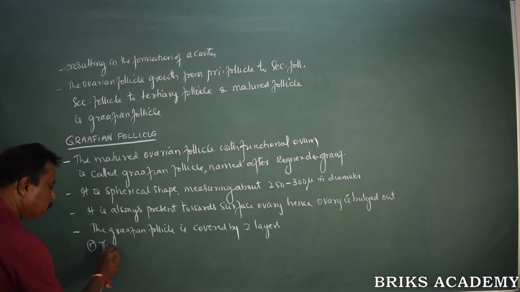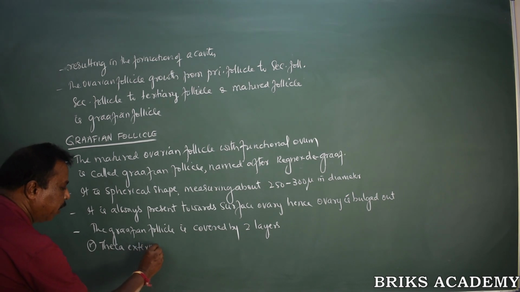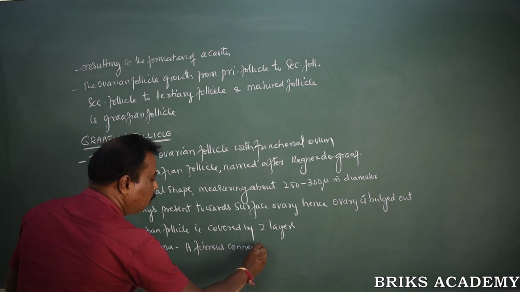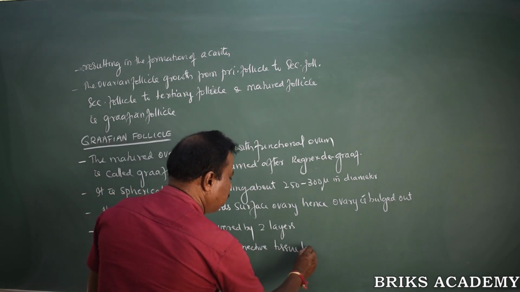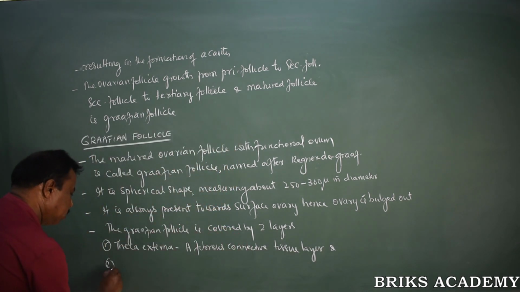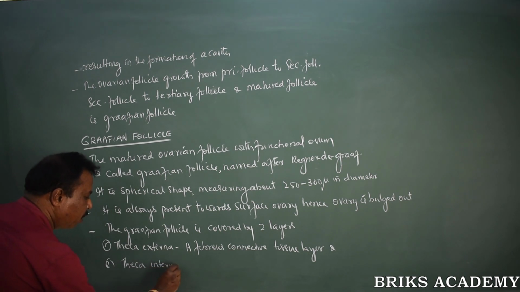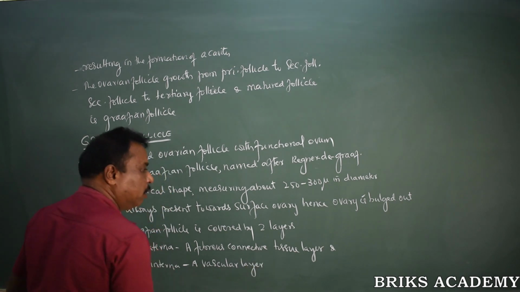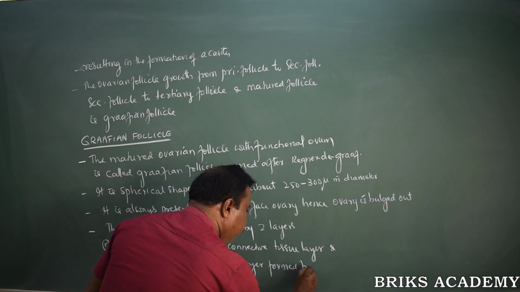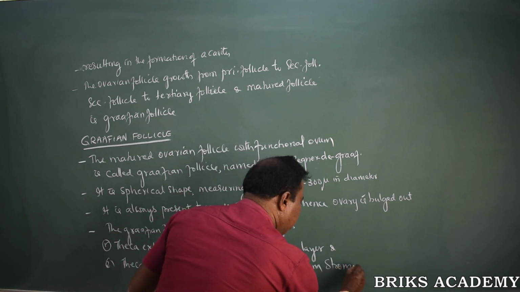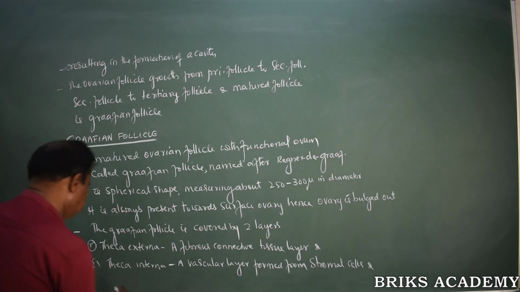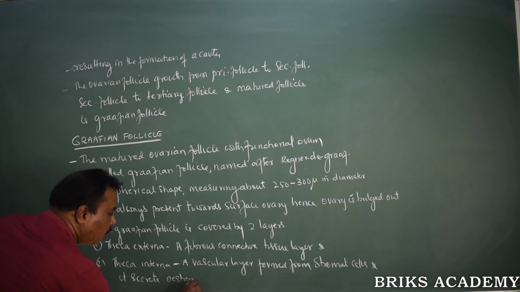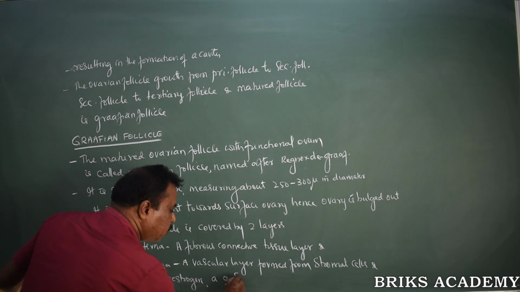One, theca externa, a fibrous connective tissue layer, and second one, theca interna, a vascular layer formed from stromal cells, and it secretes estrogen, a female sex hormone.